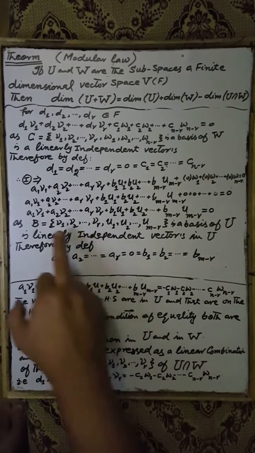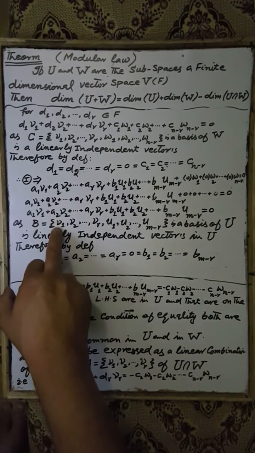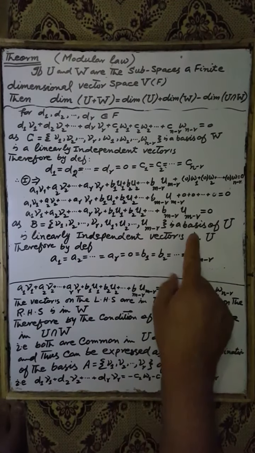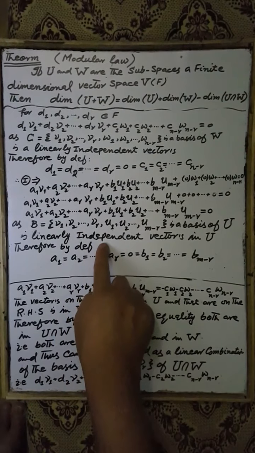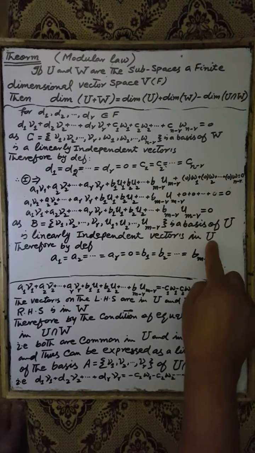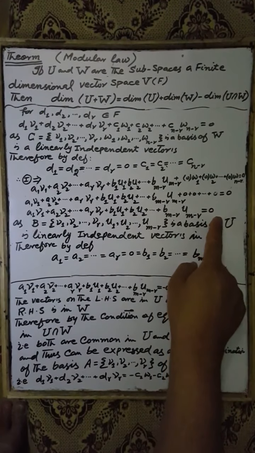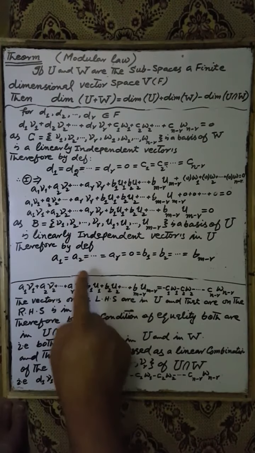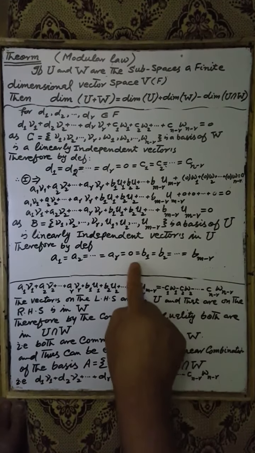Since the set B consists of the vectors v1, v2 up to vr, u1, u2 up to u(m minus r), which is a basis of the subspace U of the vector space V over the field F, these vectors are linearly independent in the subspace U. Therefore the linear combination equals 0 only when each scalar a1 up to ar is equal to 0 and b1 up to b(m minus r) is equal to 0.